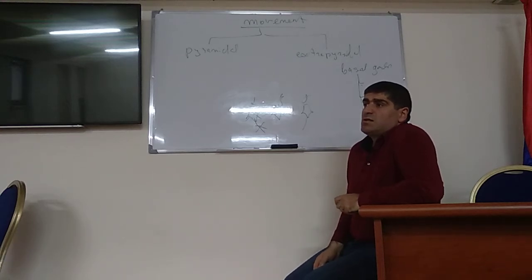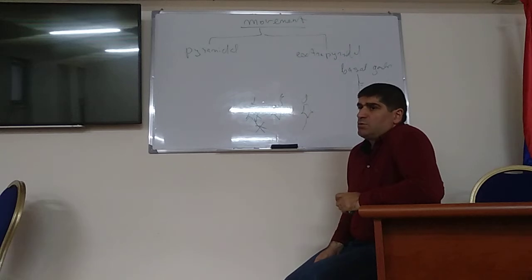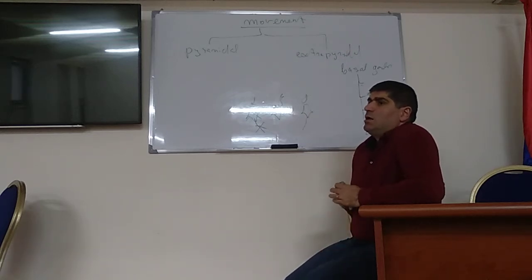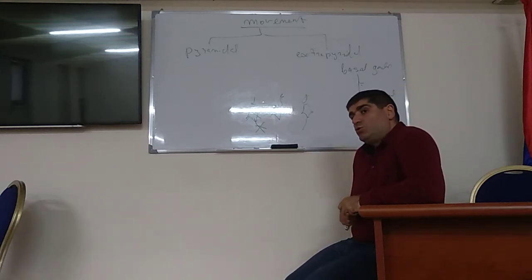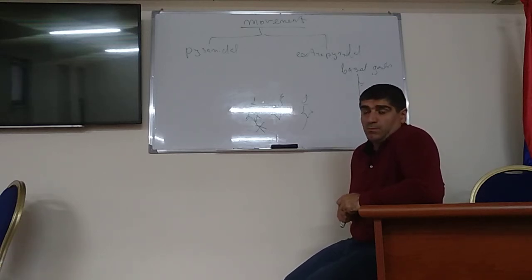The nervous centers nearest to the thalamus, colliculus, and the thalamus are also involved in movement control. The second big part controlling the movement system is the cerebellum.